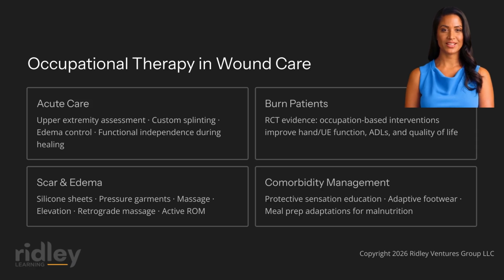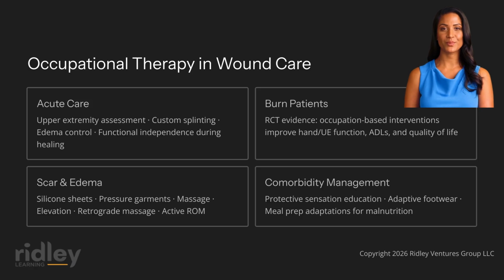In acute care settings, occupational therapists contribute to wound management through thorough upper extremity assessment, custom splinting for wound protection and positioning, edema control techniques, and supporting functional independence during the wound healing period. For patients with burns, occupational therapy integration is essential for optimizing functional outcomes, with evidence from randomized controlled trials demonstrating that occupation-based interventions improve hand and upper extremity function, daily activities, and quality of life in patients with burn injuries.